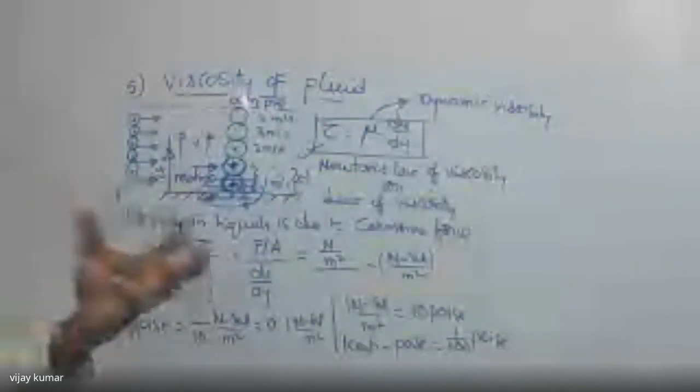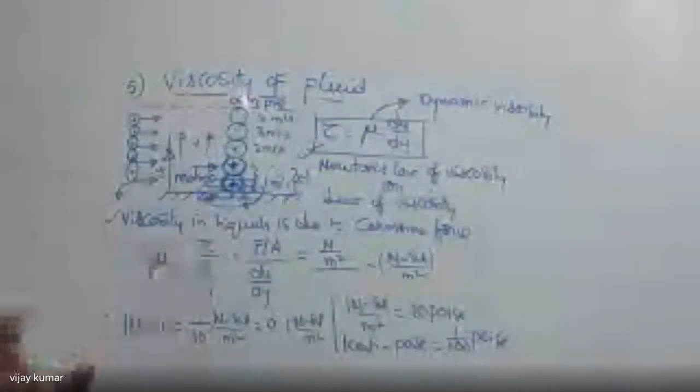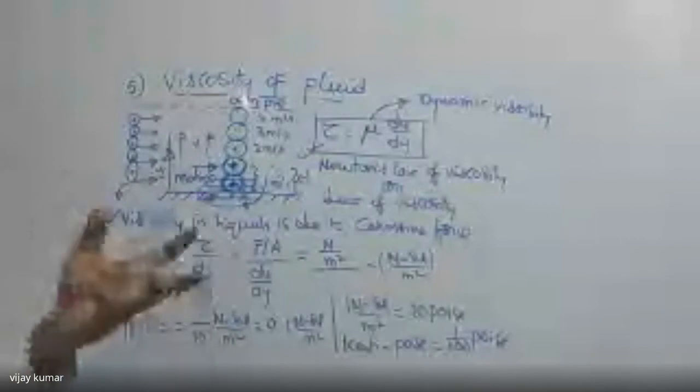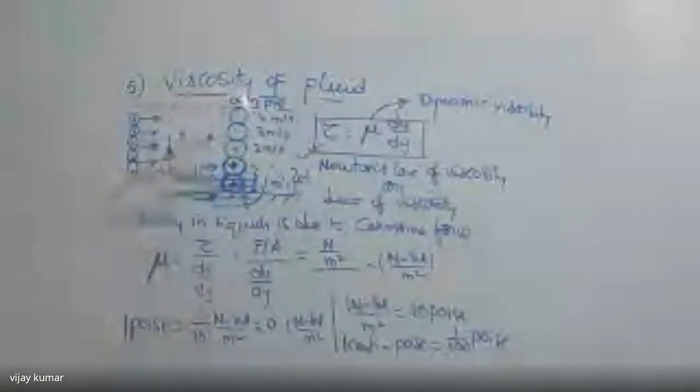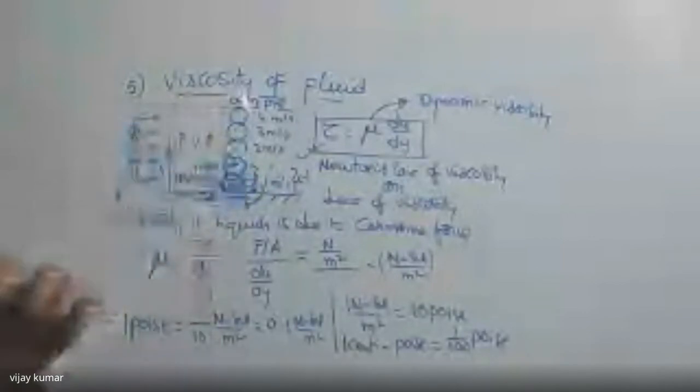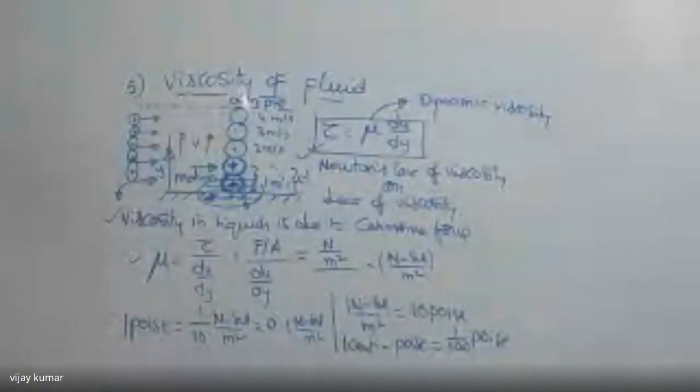But in case of gases, what is the reason for viscosity? In gases, all particles are far away from each other. They are moving randomly, and they are going to collide with each other.